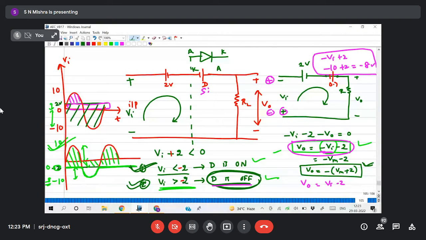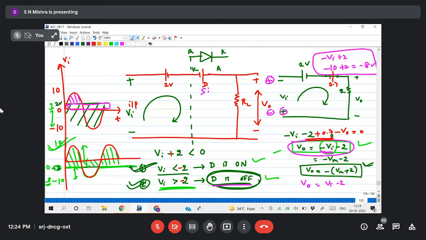So minus Vi, minus 2, then instead of the short circuit I have put 0.7, so it will be plus 0.7 minus V0 equals 0. So minus 2.7, it will be minus 1.3.